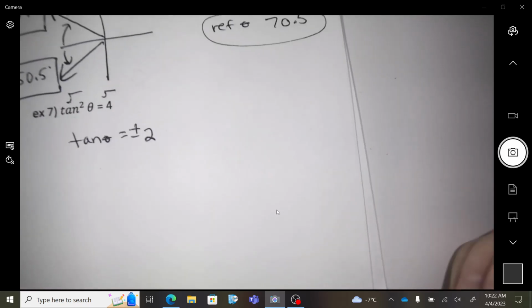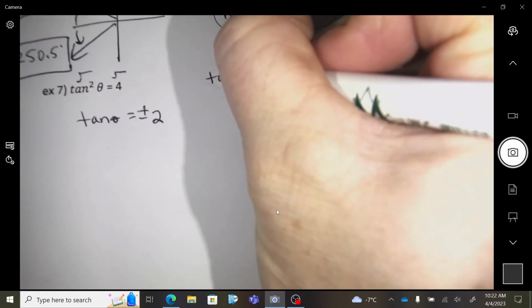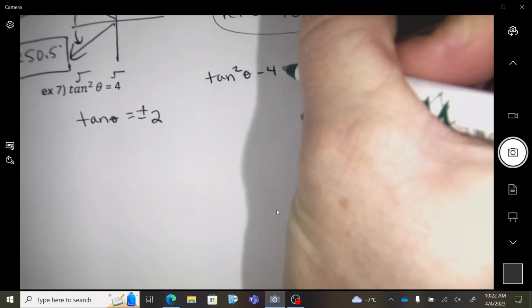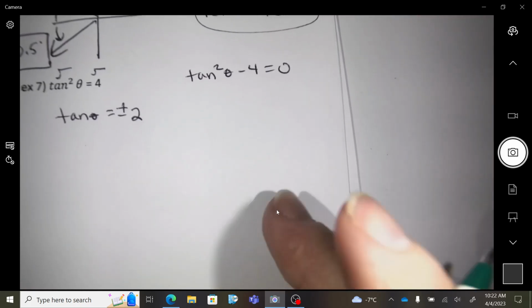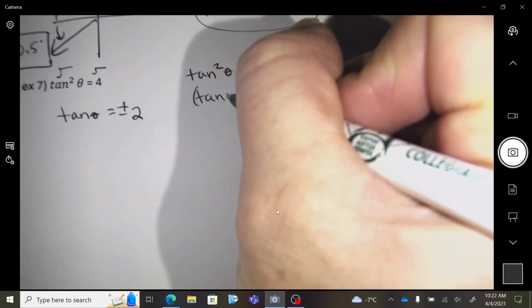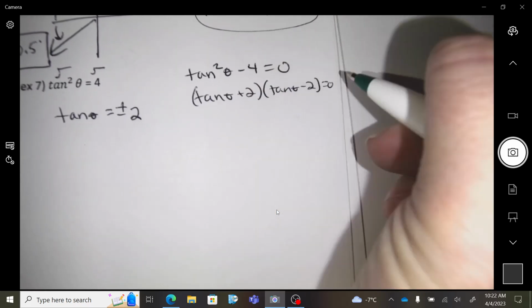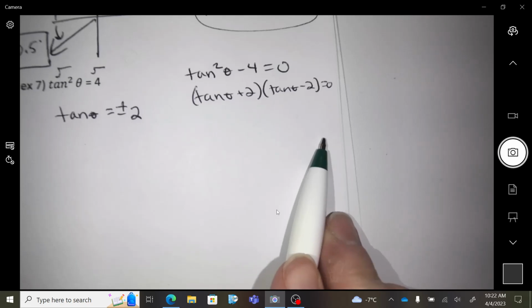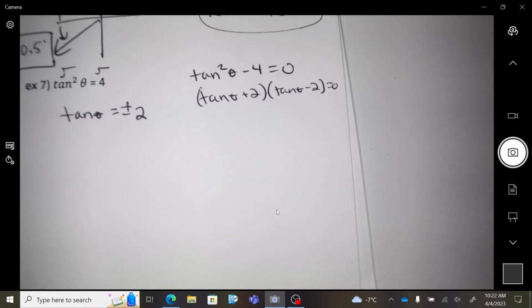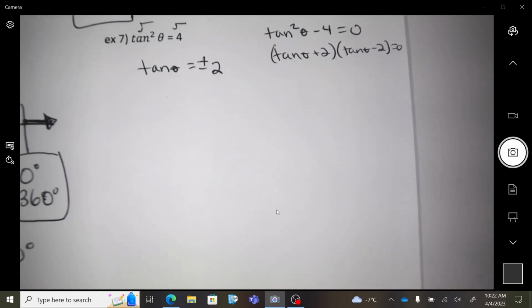Okay, I'm just going to show you if you had moved the 4 over, it would have been a difference of squares. Do you see how plus and minus 2 is important? Plus and minus. Okay, so that's a trig value.